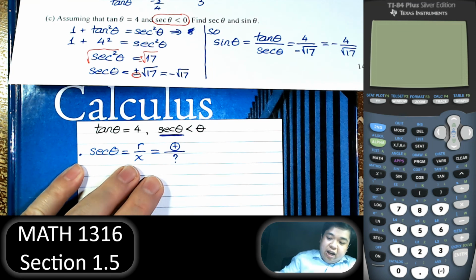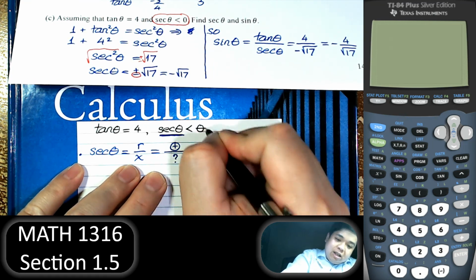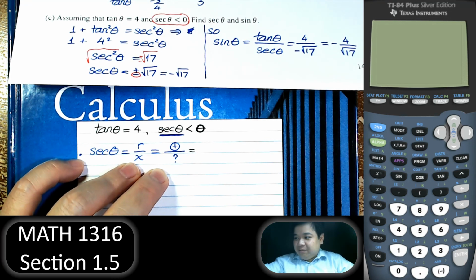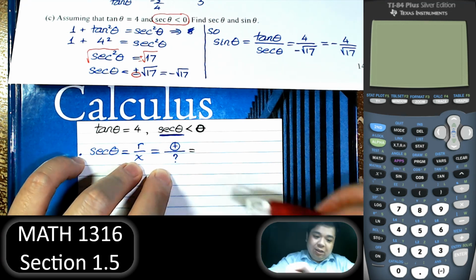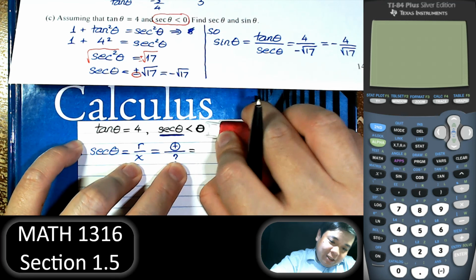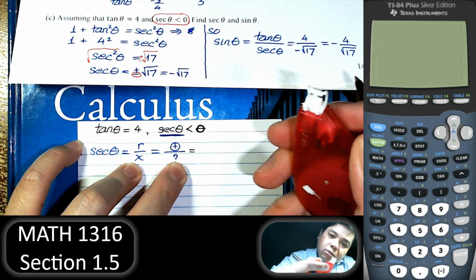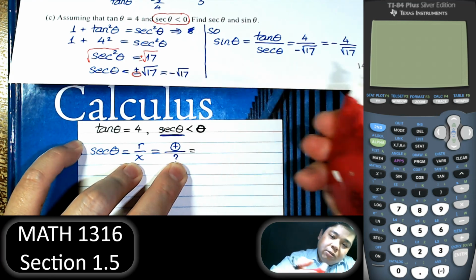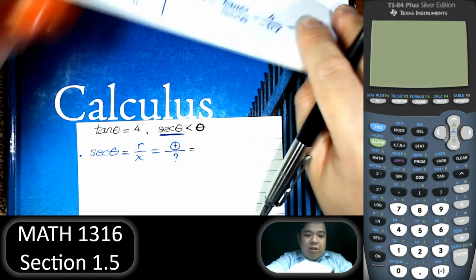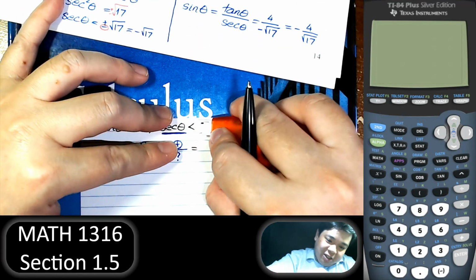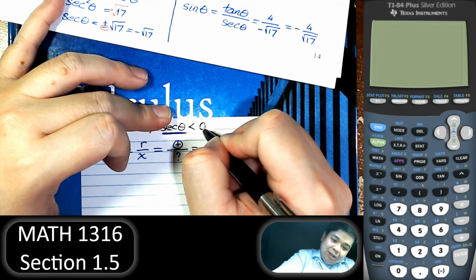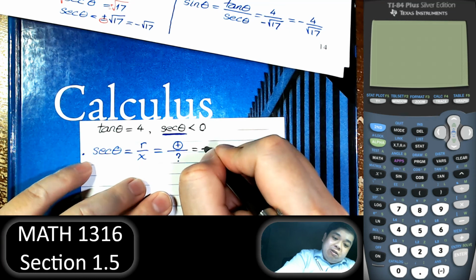But since secant is less than 0, it's negative.